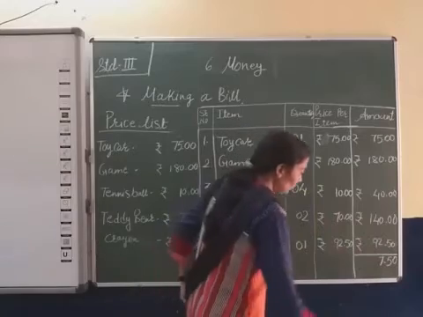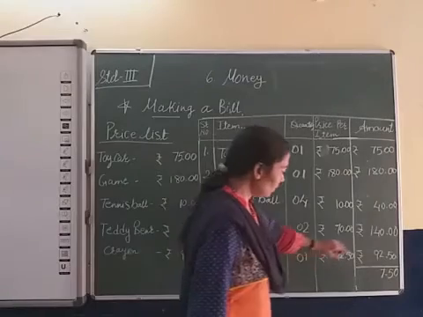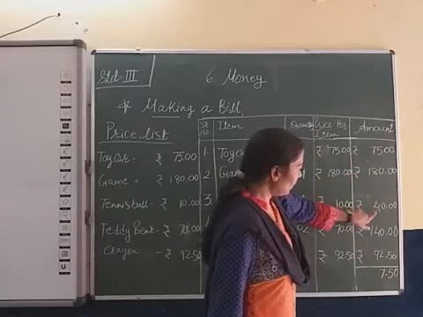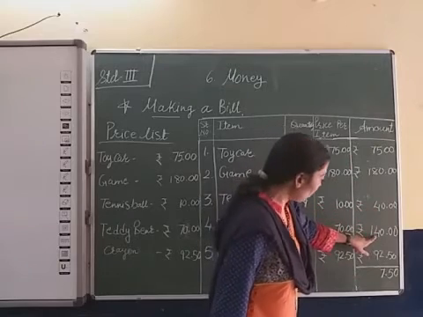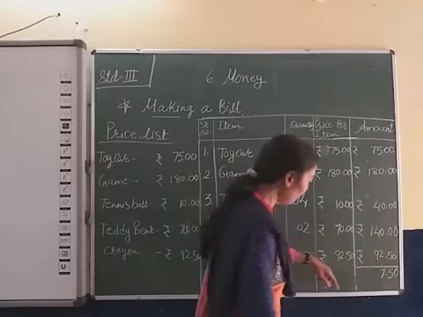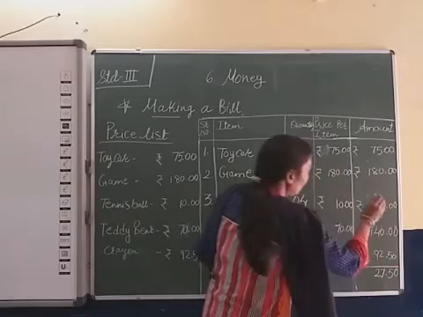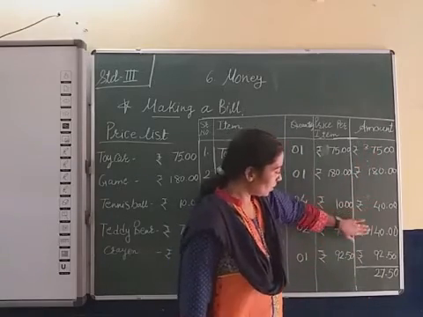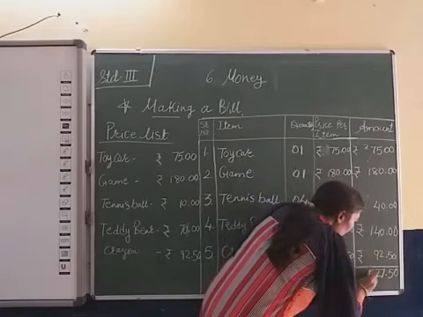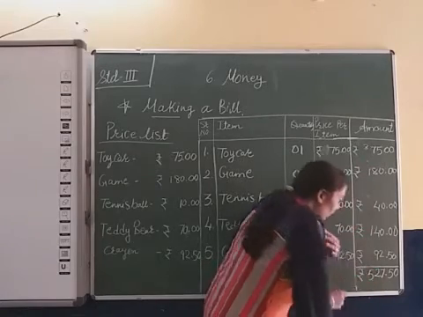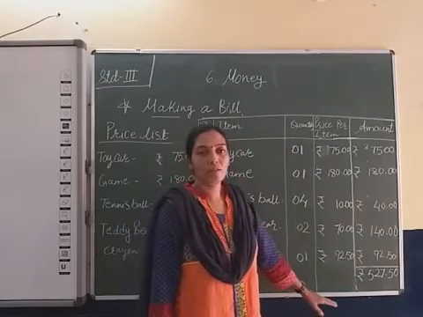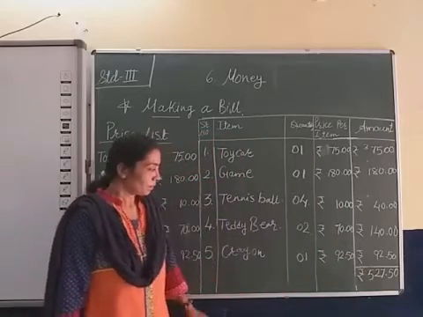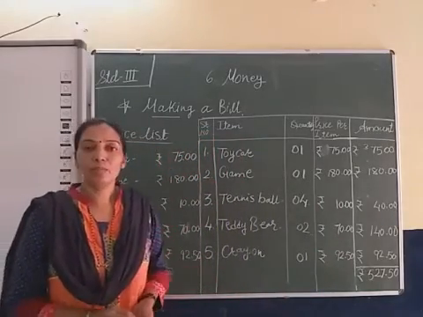Now we add the tens. 7 plus 8, 15, 15 plus 4, 19, 19 plus 4, 23, 23 plus 9, 32. 2 we write here, 3 we carry forward to the hundreds place. So 3 plus 1, 4, 4 plus 1, 5. So the final amount for all the items we purchased is rupees 527.50 paisa. So this is the method for making a bill.